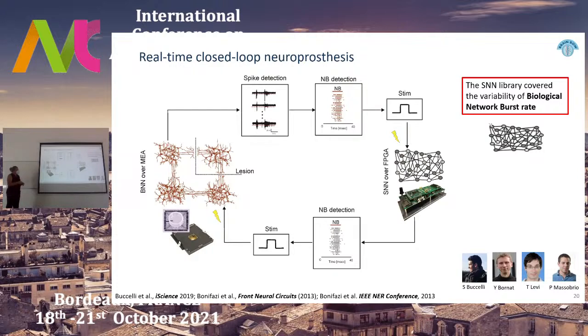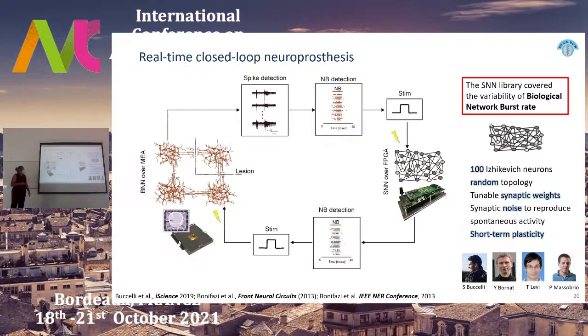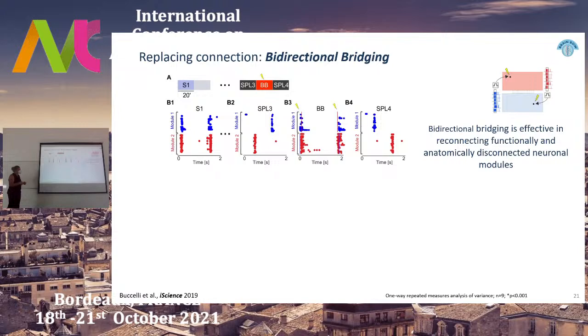Then the stimulation can either go back to the culture itself or go through a spiking neural network, depending on the type of parameter that we are using. Then the network burst is detected within the spiking neural network and goes back to the stimulation. The spiking neural network is tuned according to the features of the culture that we are recording, in order to meet the same type of network burst dynamics that we saw in the biological culture.